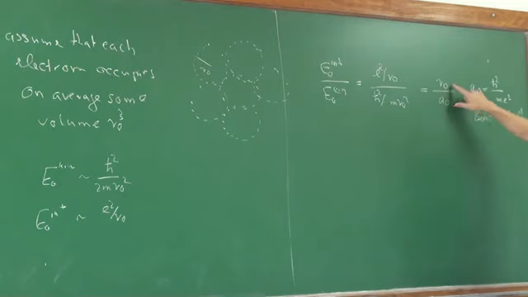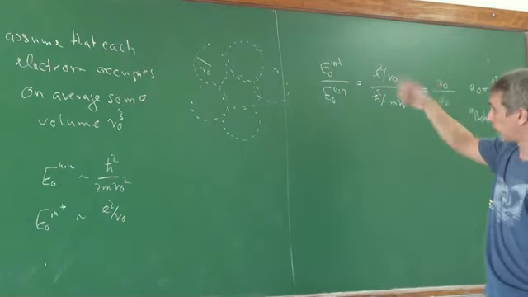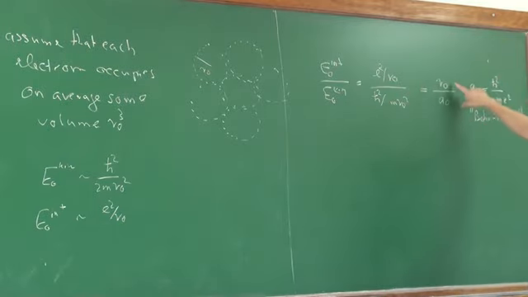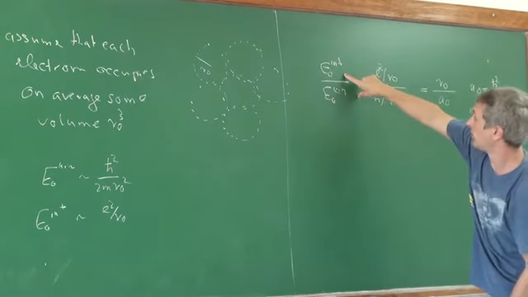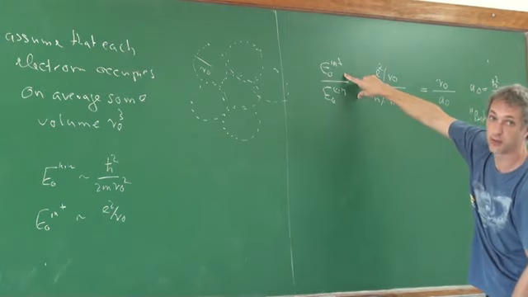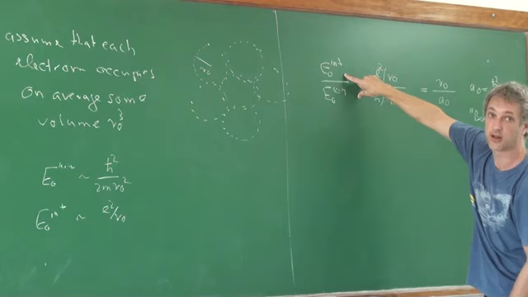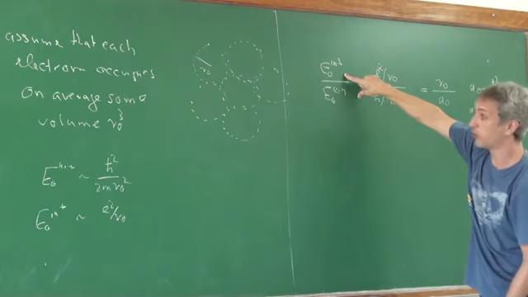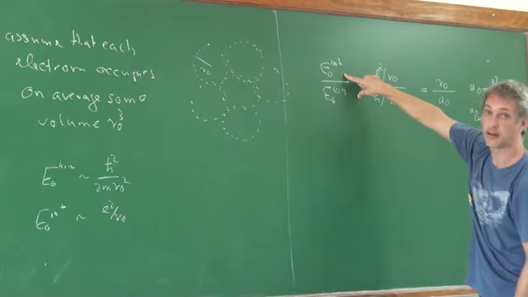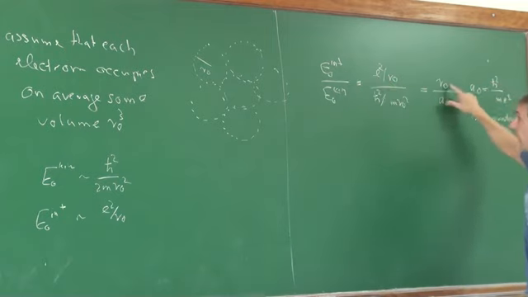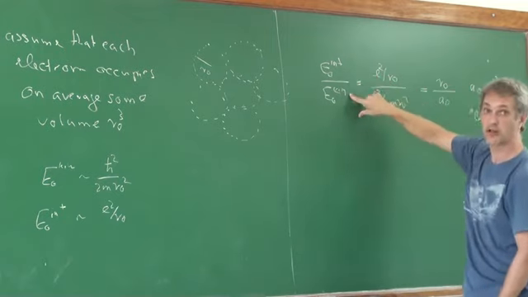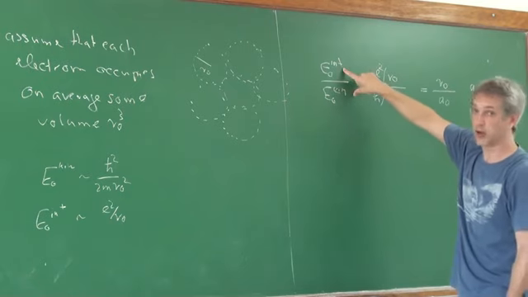If the typical volume or radius of the sphere an electron occupies is smaller than a0, then this will be small, meaning that interactions will be smaller than kinetic energy. We are in a weakly interacting regime. Whereas if this is a large number, then this is very much large, and this means that we are in the non-perturbative or strongly interacting regime.